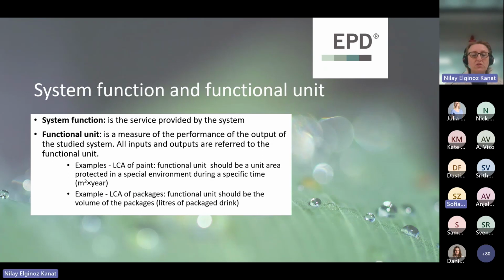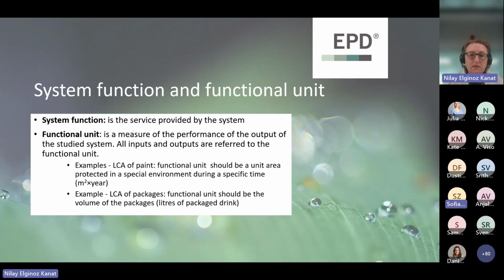The system function and functional unit is the most important thing to decide, because it can be very straightforward. Like, for example, in an energy system, it is most of the time 1 kilowatt hour of energy produced. But for a paint, for example, it might be very different, like a unit area protected in a special environment during a specific time.